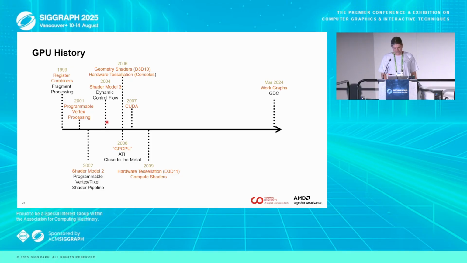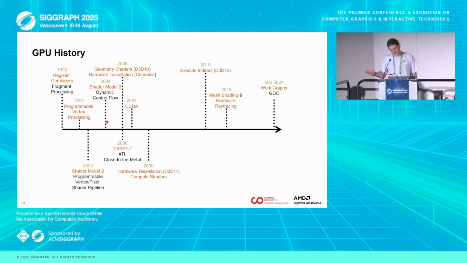And then hardware tessellation came, and compute shaders were added to Direct3D, which standardized, in a way, the programmability of GPUs. A very important thing, and you'll see that in a minute, is ExecuteIndirect for work graphs. I'll talk about this in detail later on.